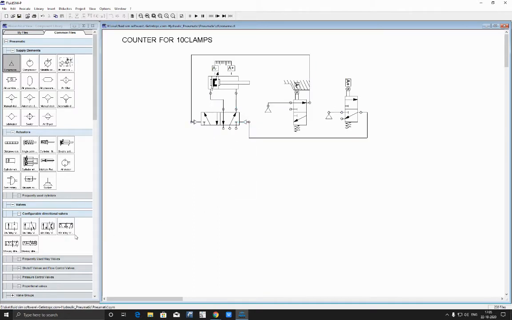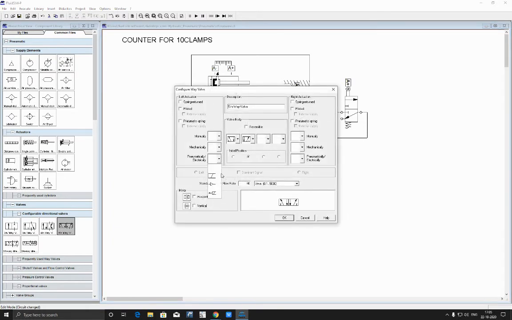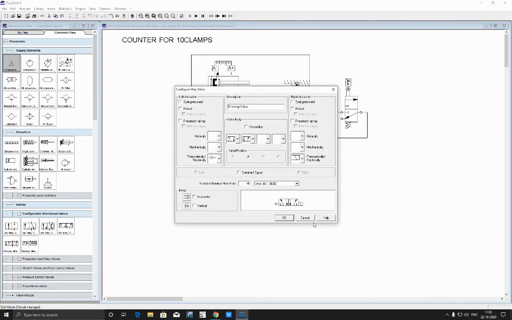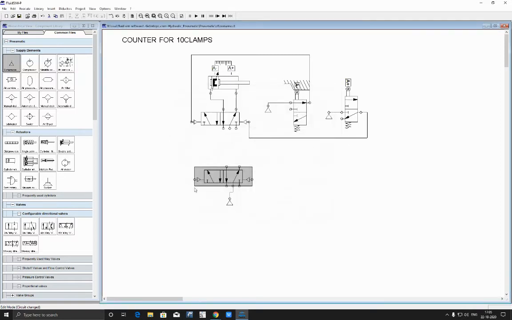Now we take an extra cascade valve and make it both sides pilot operated, and we give compressor supply to this, and from this output port we connect to the pressure port.